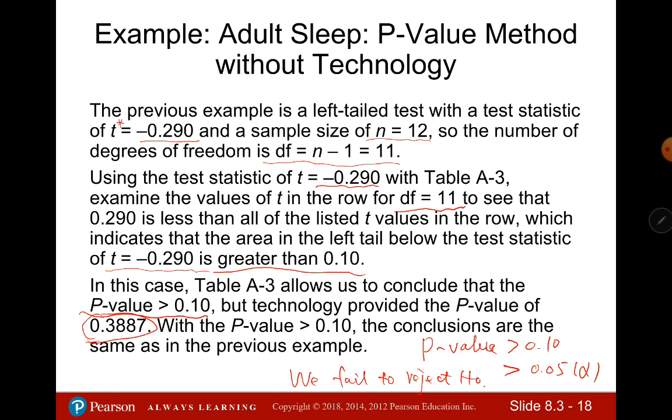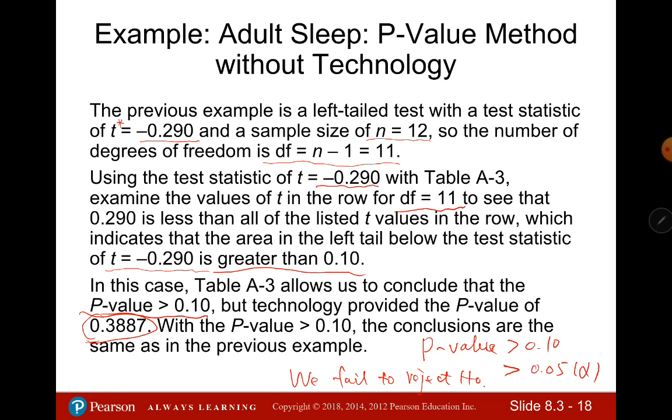But our value 0.29 is even further right than this 1.363. So our area goes even further right than 0.1. But we realize as the area goes to the right, we will get a greater area than 0.1.